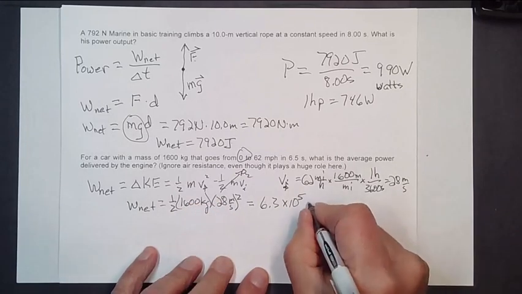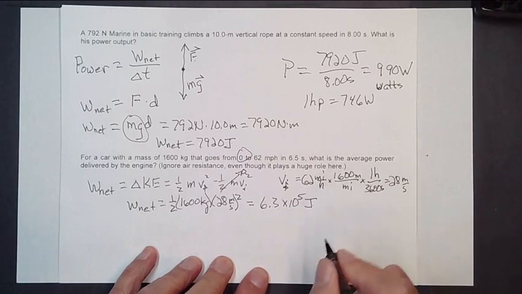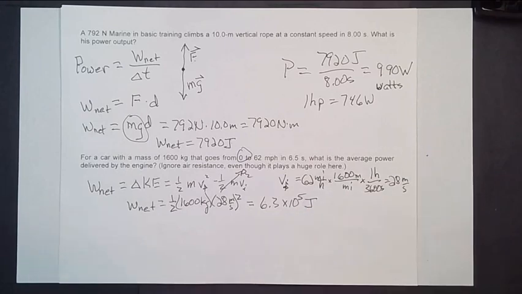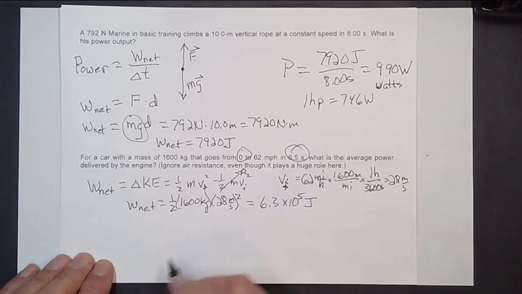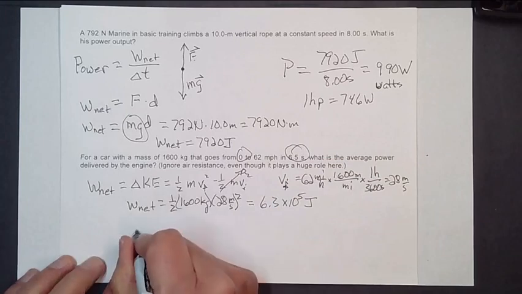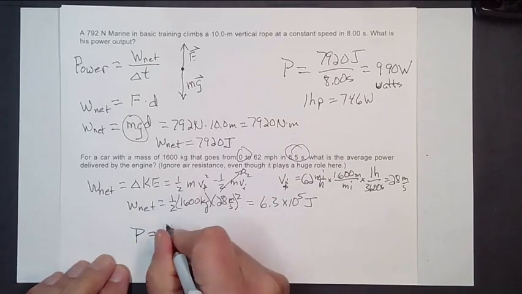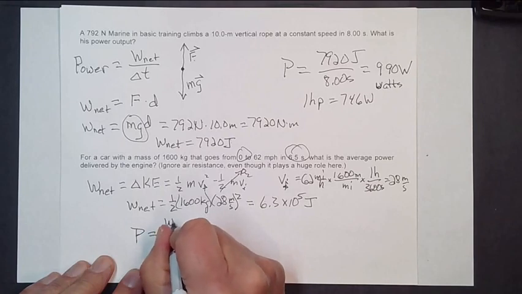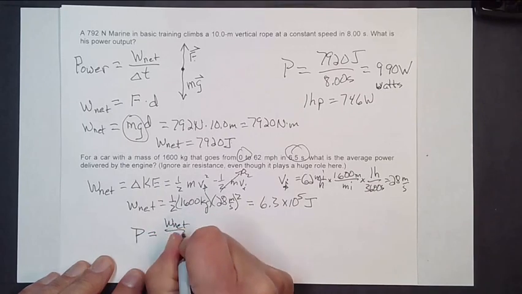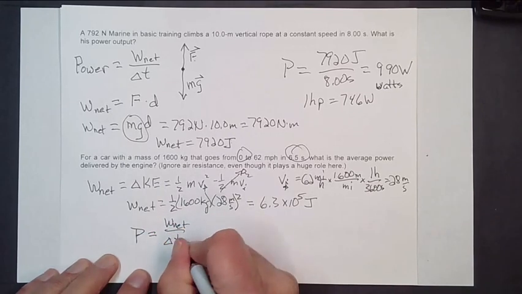That's a joule, so we get that. The power, it's done in 6.5 seconds, so power is the net work divided by the time interval.